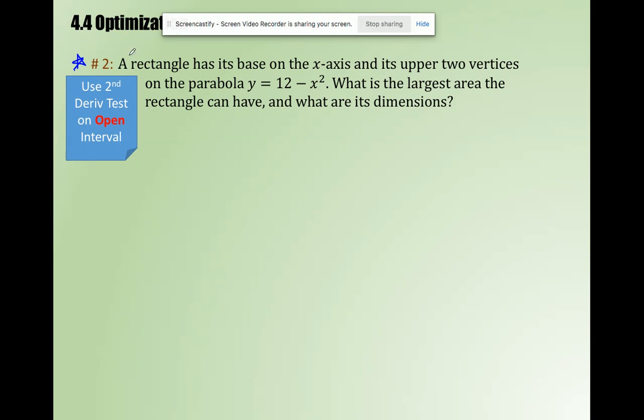So a rectangle, there's my geometry, has its base on the x-axis and its upper 2 vertices on a parabola. This parabola opens down and has a y-intercept of 12.